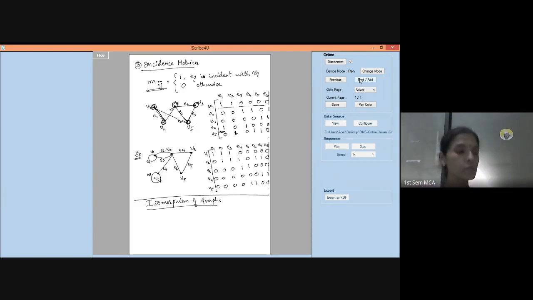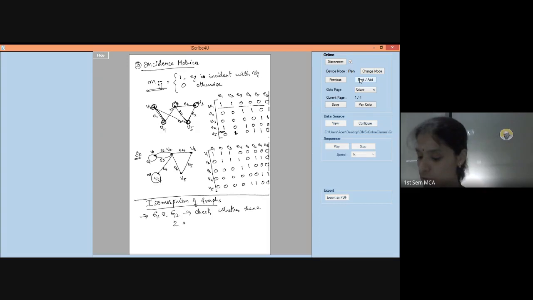That is what we are going to learn. Given two graphs, G1 and G2, you have to check whether these two are isomorphic or not.